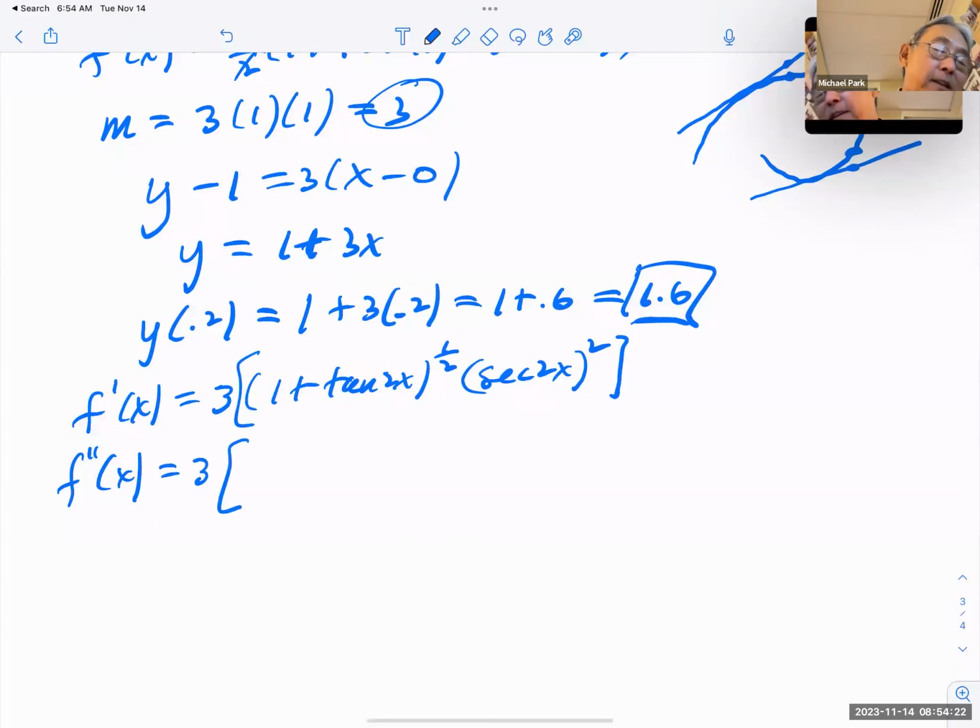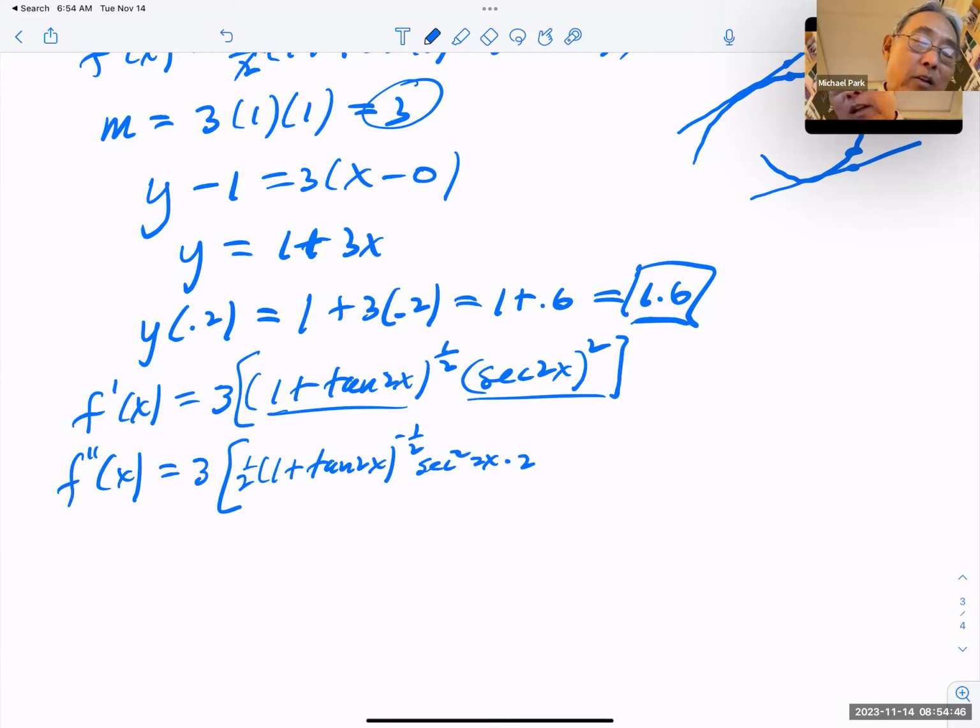Now we have a product, so you use the product rule. Derivative of the first, 1/2 box to the negative half times the derivative of box, which is 0 plus secant squared 2x times 2.